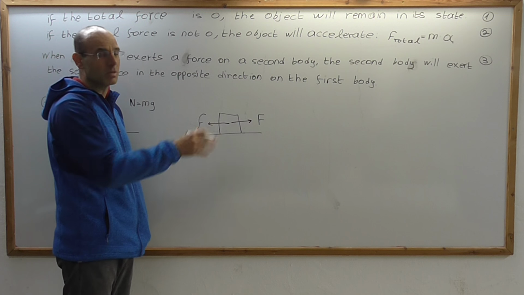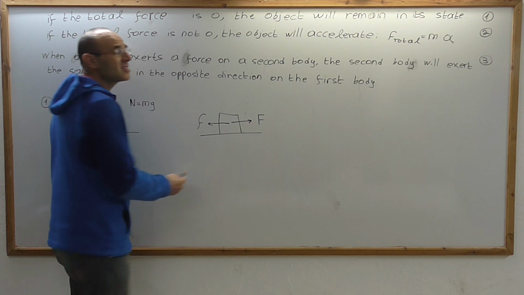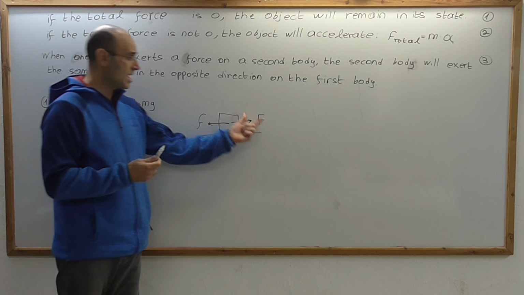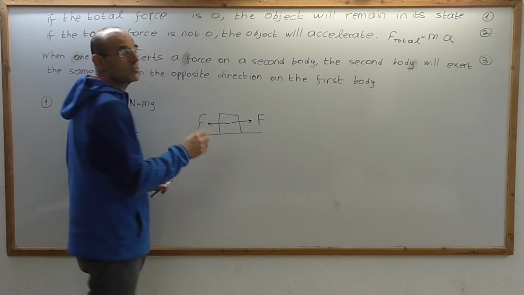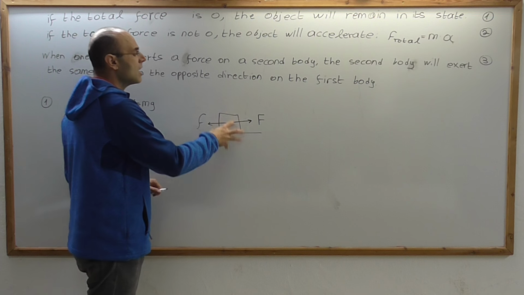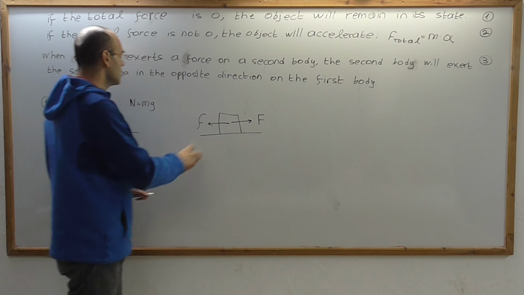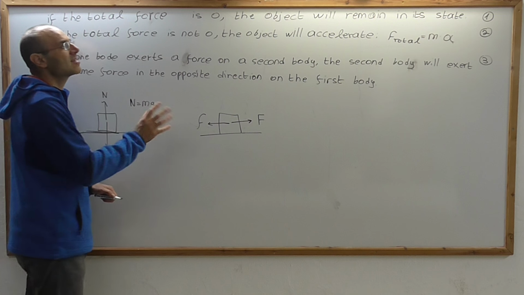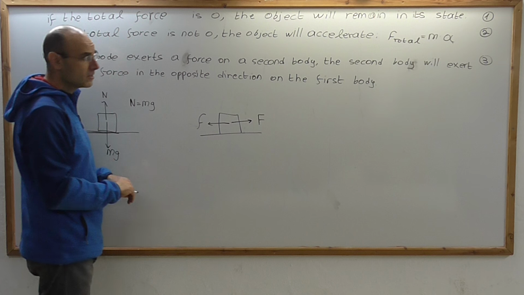We didn't talk about it, but we know it exists. And this force and that force must be the same magnitude, opposite direction, because the total force must be zero and the car will remain at the same velocity. Same velocity and rest are exactly the same as far as Newton's first law is concerned.